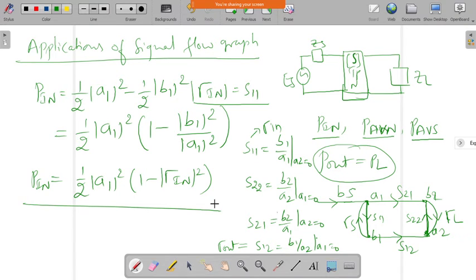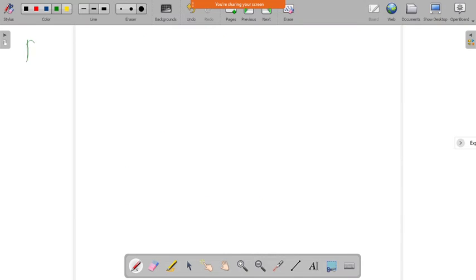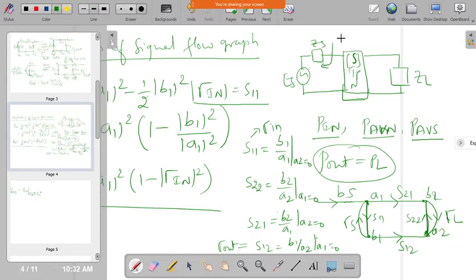Now similarly we have the equation for the available power from the source, PAVS. It is nothing but the input power when the input reflection coefficient is matched with the complex conjugate of gamma S. If you look into the network, this is your gamma S and this is your gamma in.